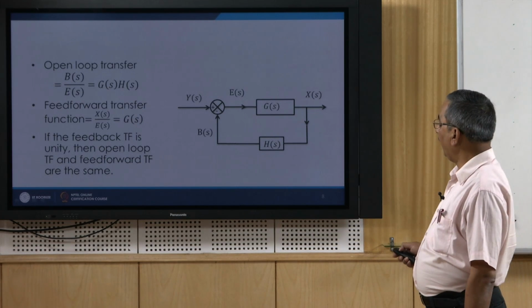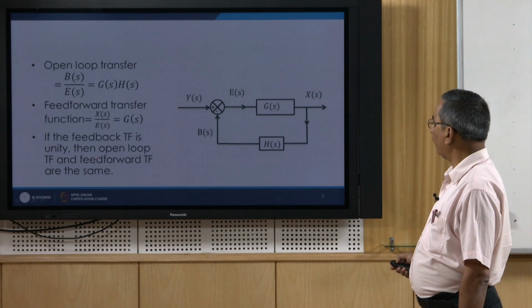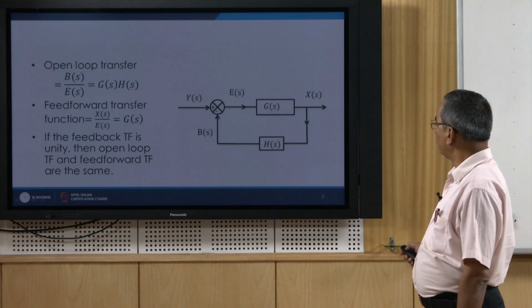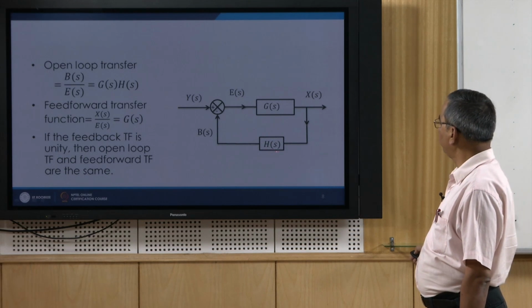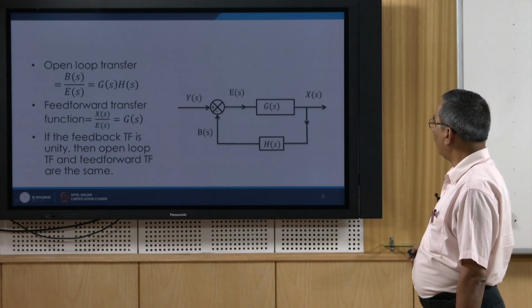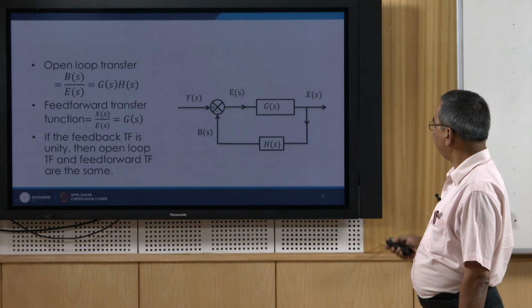And if the feedback transfer function is unity, then the open loop transfer function and the feed forward transfer function are the same. So you can see that if I put this as unity, then whatever we get here, both are going to be the same value.